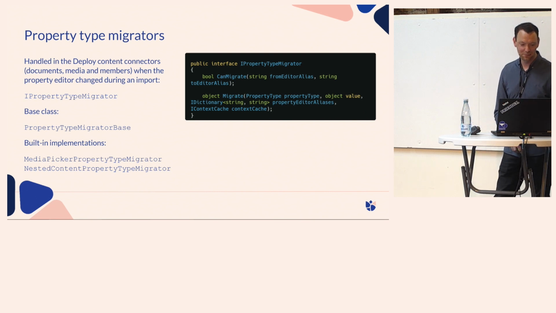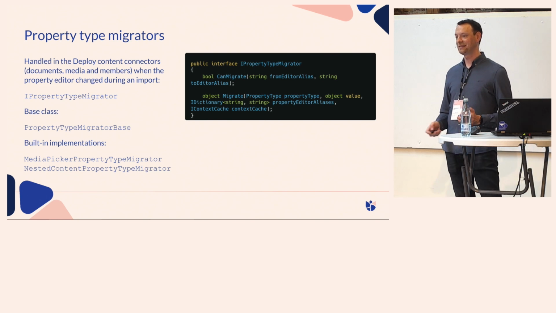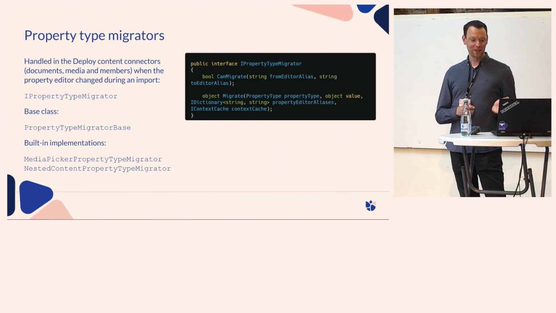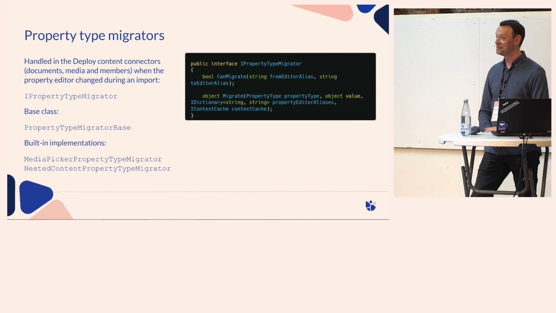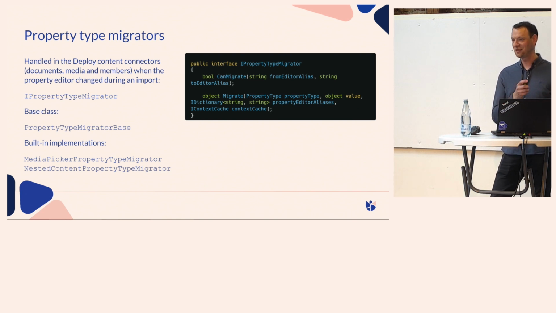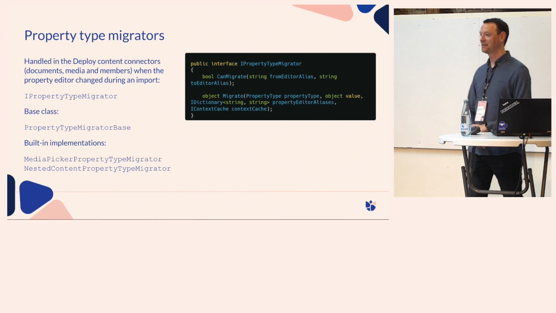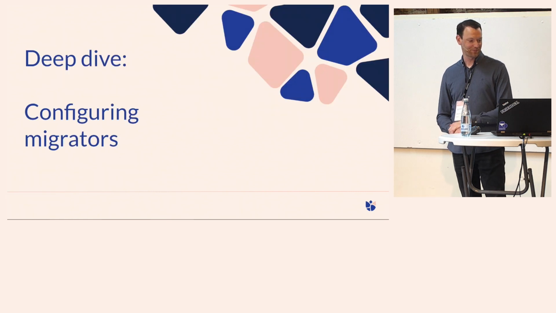And we have the IPropertyTypeMigrator base class, and then built-in implementations for the media picker and nested content as well. So we have ready-to-use migrations currently for both changing the data types and the content of nested content into block list, and the media picker into the newer one with crops.